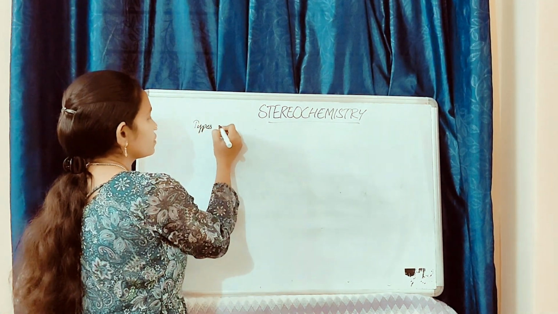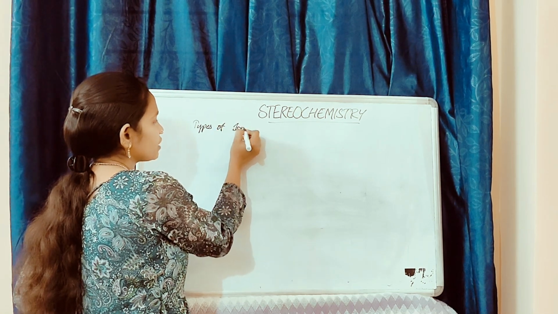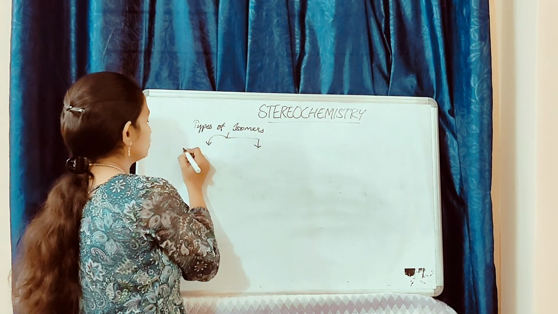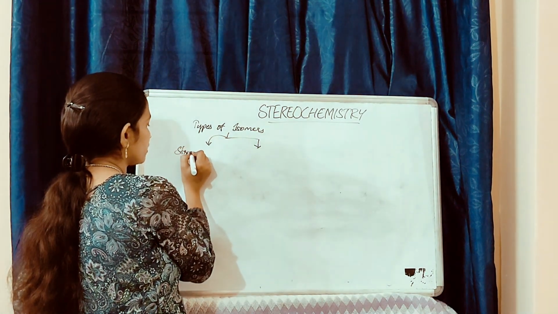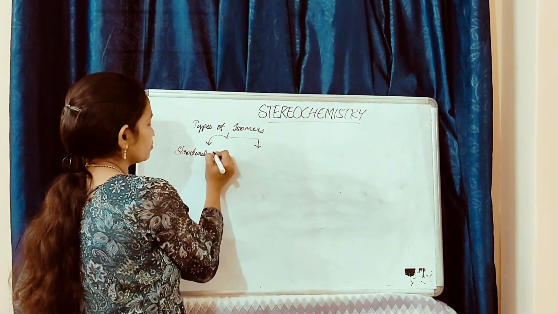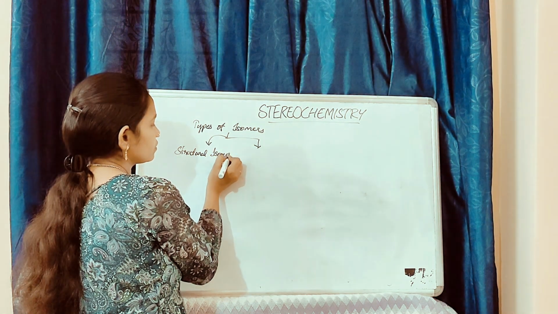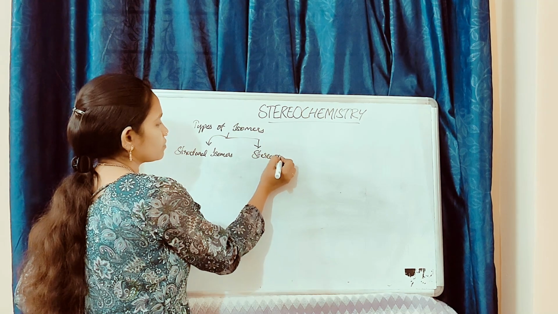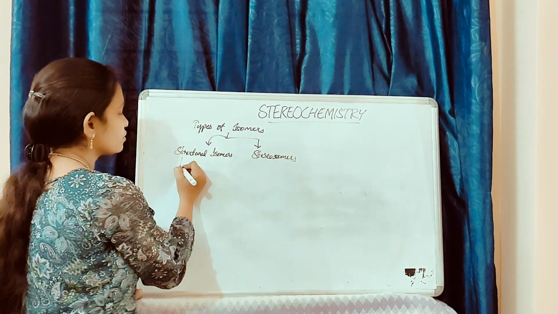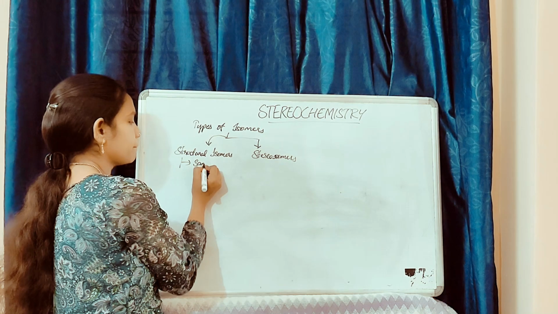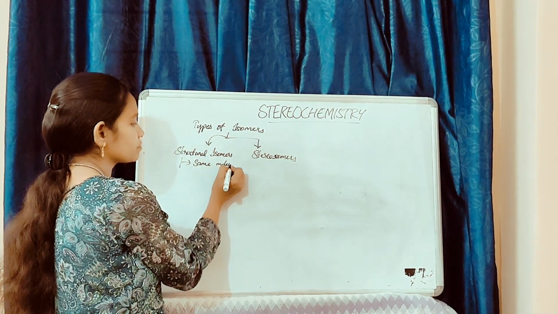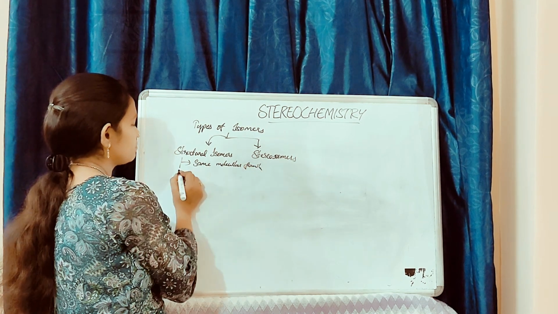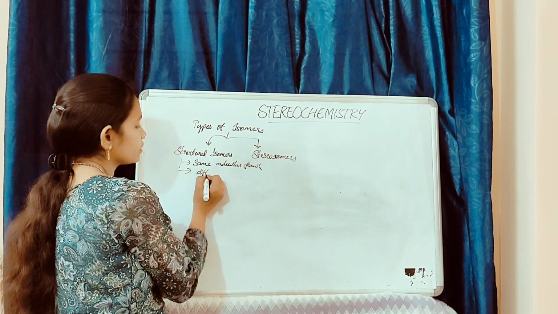Types of isomers are categorized into two: structural isomers and stereoisomers. Structural isomers have the same molecular formula but different connectivity.